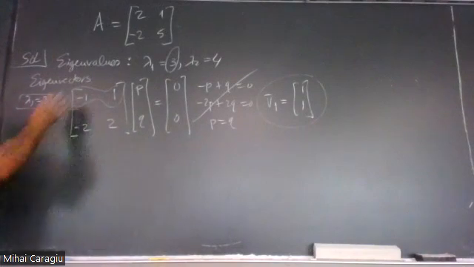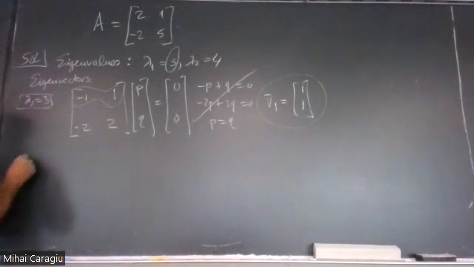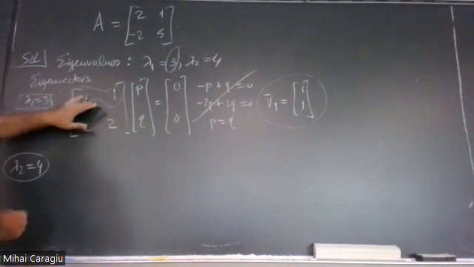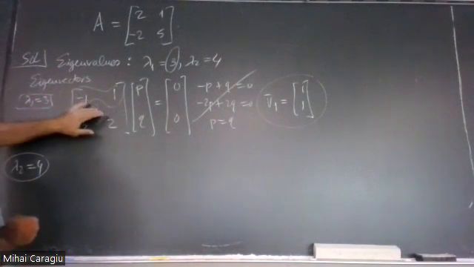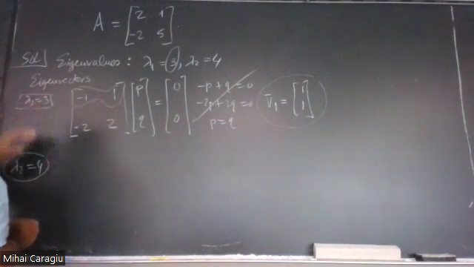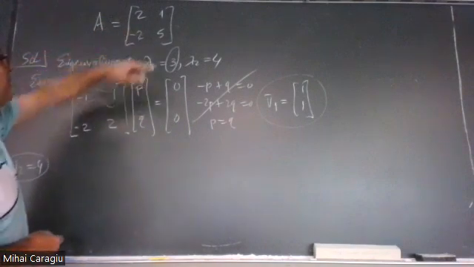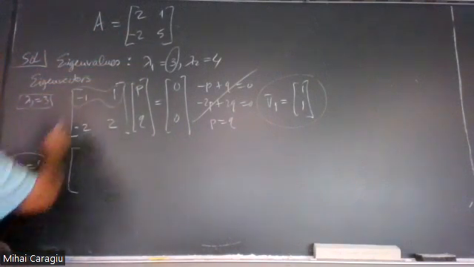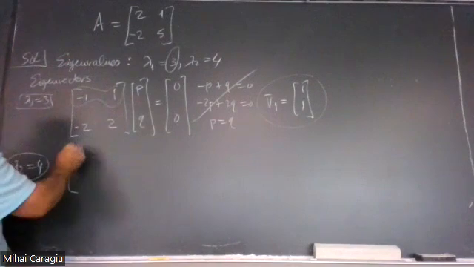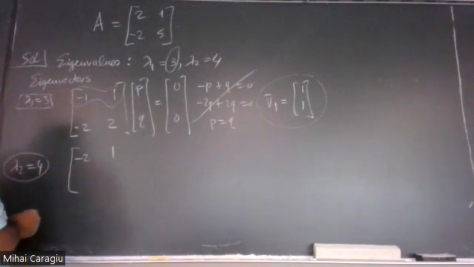For lambda 2 equals 4, what do we get? Again, exactly like in the first derivation of the eigenvector for lambda 1 equals 3. Now we find the eigenvector for lambda 2 equals 4. Subtract 4 from the diagonal entries of A. So we get 2 minus 4, upper left, is minus 2, 1.